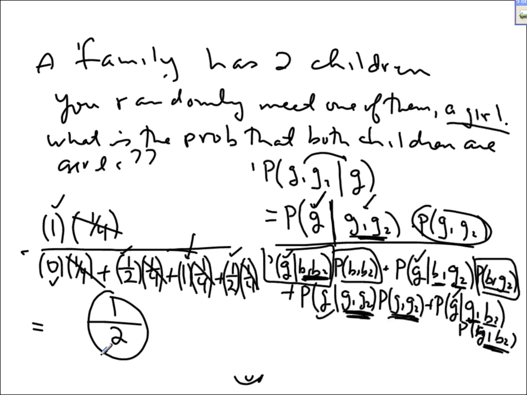The only thing is I was saying that family has 2 children. You randomly meet one of them. What is the probability that both children are girls? Let me just look at this one more time, please.